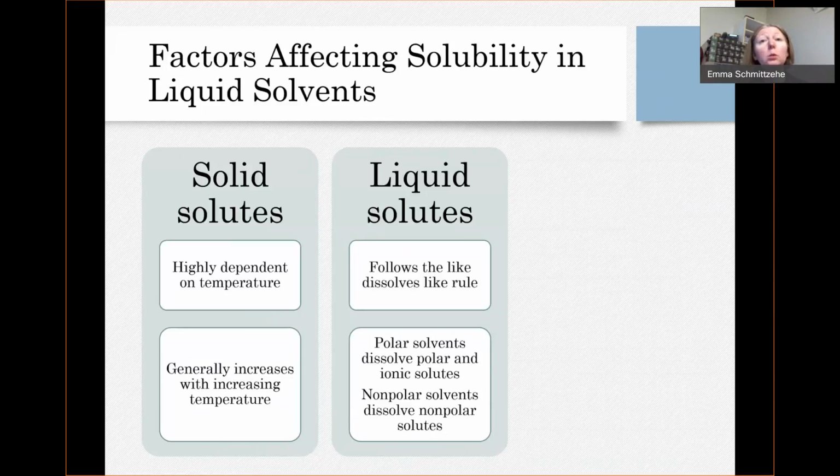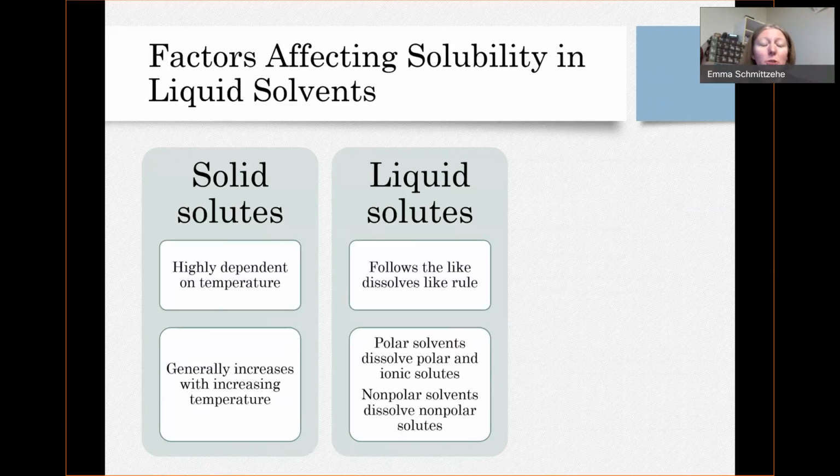And so polar solvents that have this dipole will interact with polar solutes that have a permanent dipole as well, or with ionic compounds, because ionic compounds are composed of actual full charged ions. And so those are things that like to interact with one another because they want to interact with the other charges. Because when the negatives of one thing interact with the positives of the other, whether they're partials or full charges, it doesn't matter. It's still favorable.